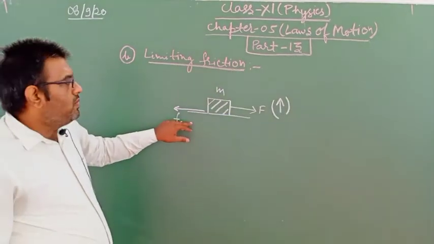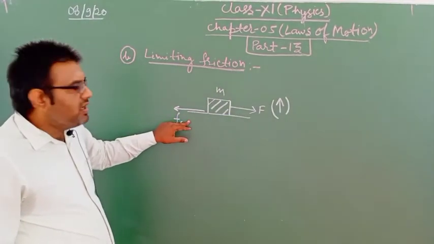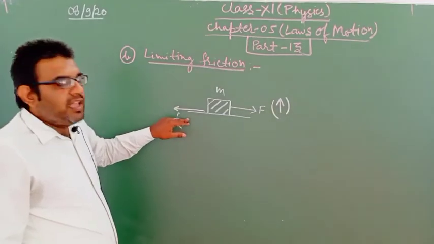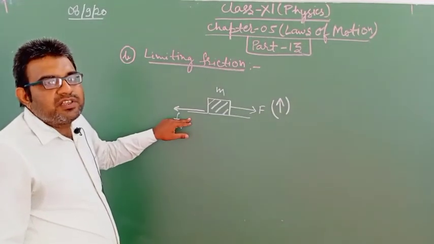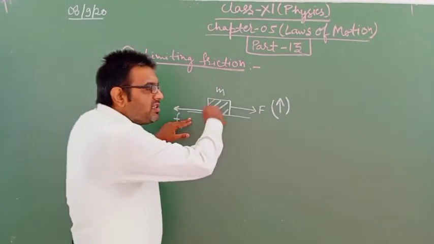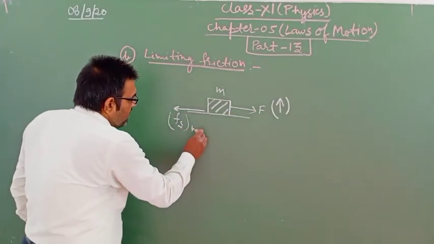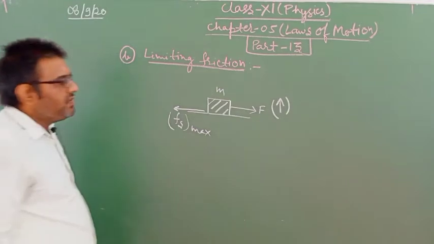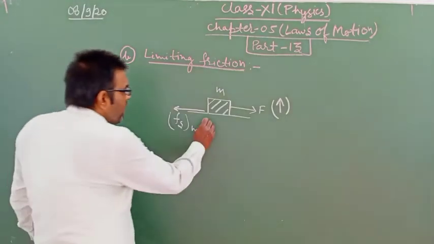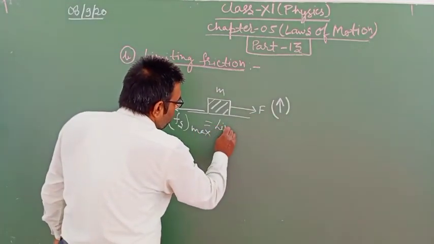That maximum value of static friction over which the block starts moving is called the maximum value of static friction, and this maximum value of static friction is called the limiting friction.